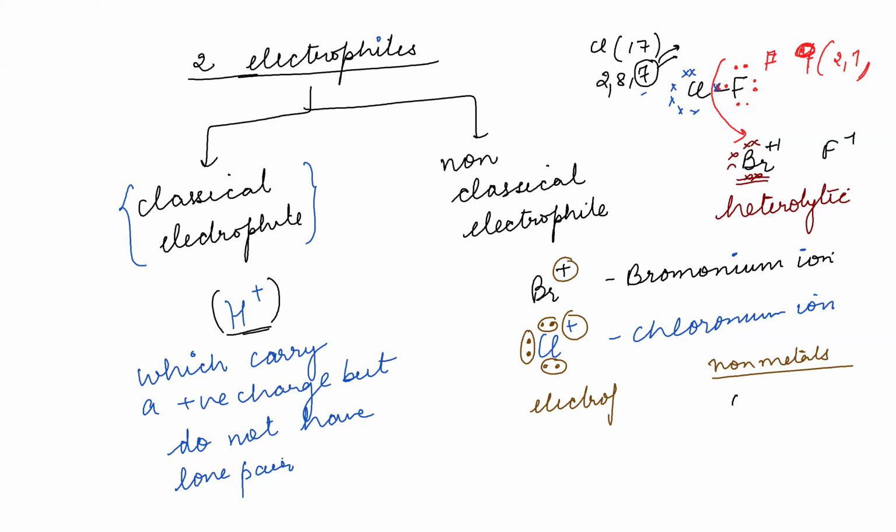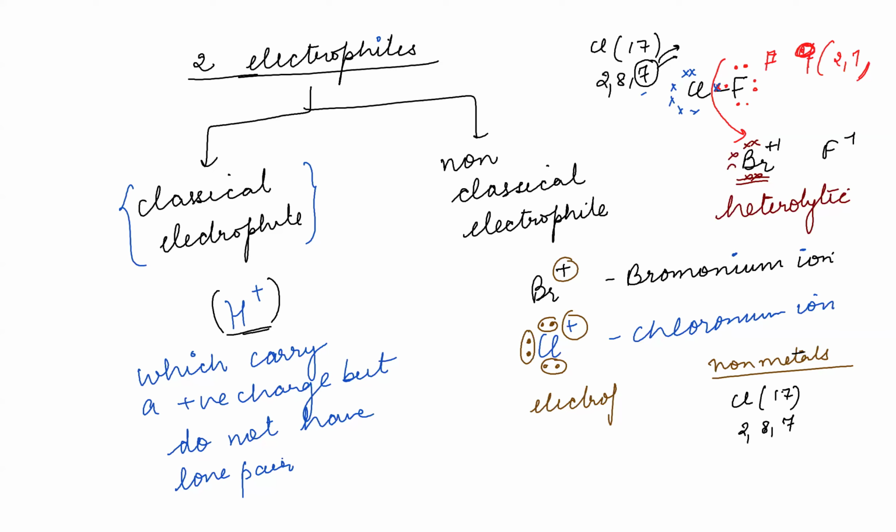So chlorine's regular nature is, atomic number is 17, so configuration is 287. Chlorine would want to gain one electron rather than losing, and hence complete its octet. And the moment it wants to complete its octet, Cl plus remains Cl plus, Br plus remains Br plus. Are we understanding my point or not?